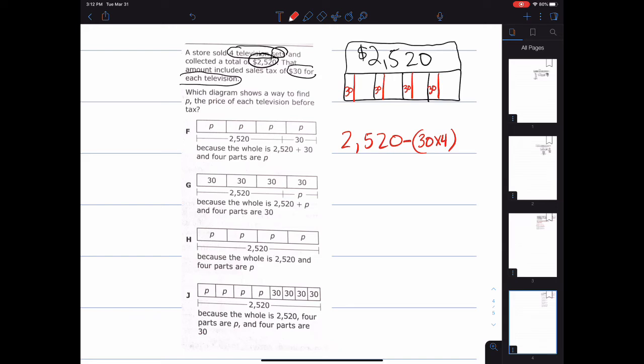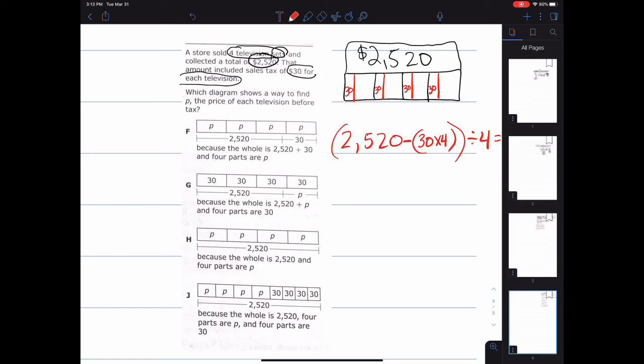That's going to give me a total. After I do that, I need to divide by 4 to figure out how much each TV costs. But honestly, on this one, I didn't really need the equation, but it's good to always do your strip diagram and your equation so that when you're ready to answer it, it makes it a little bit easier.